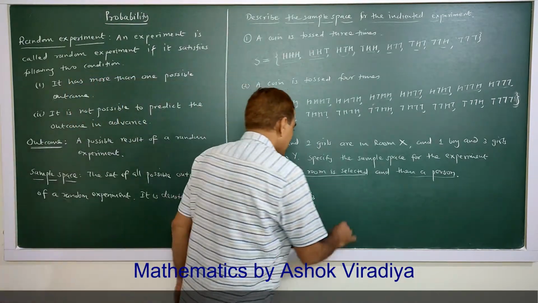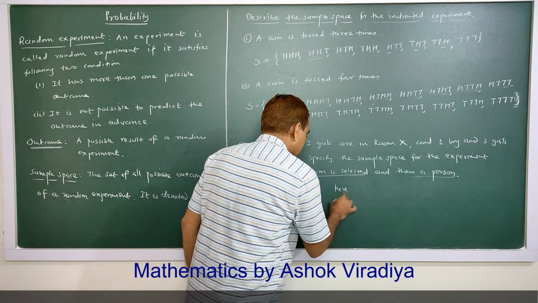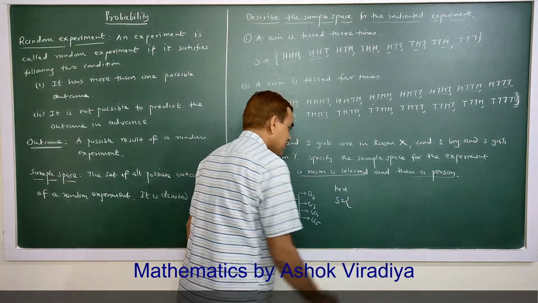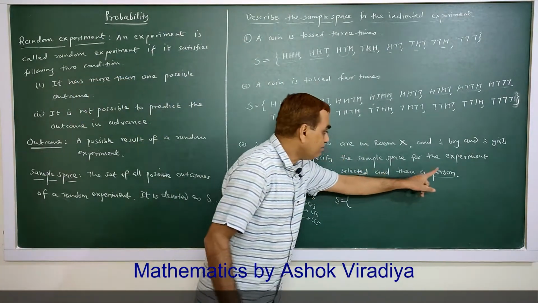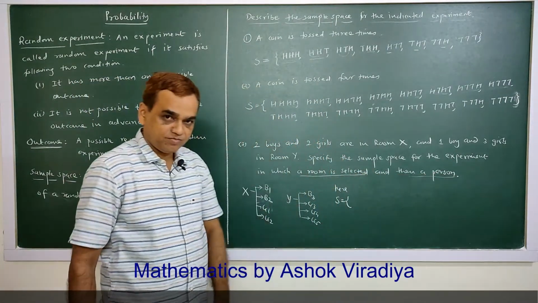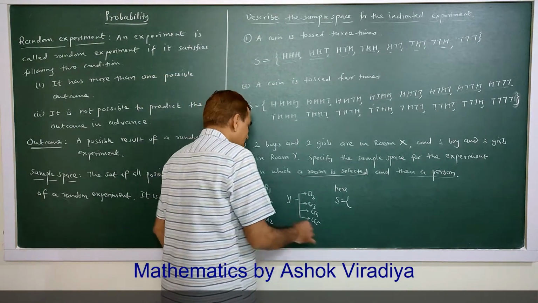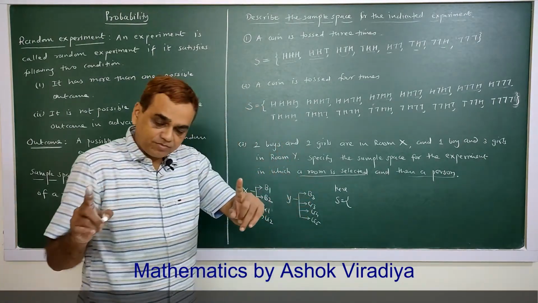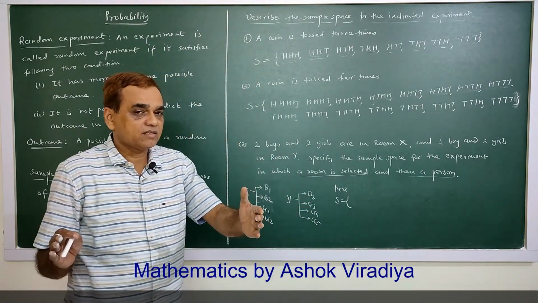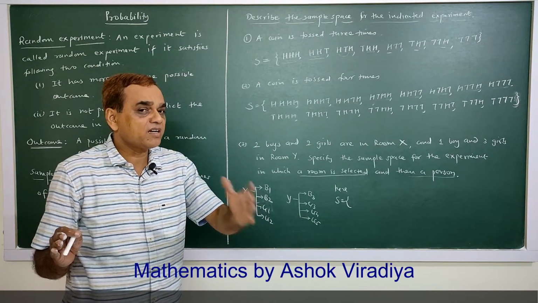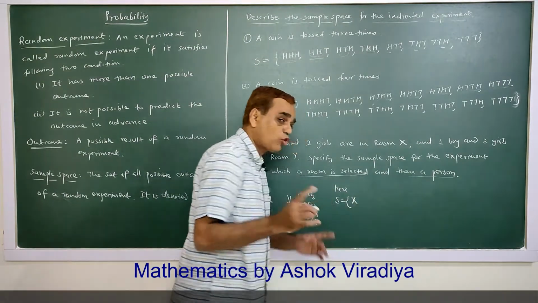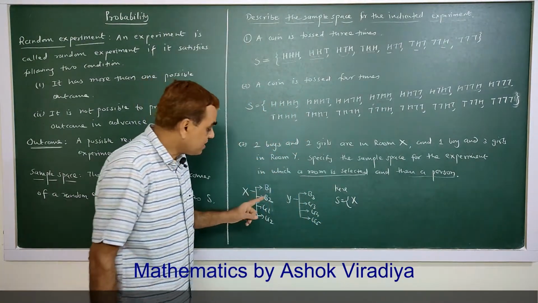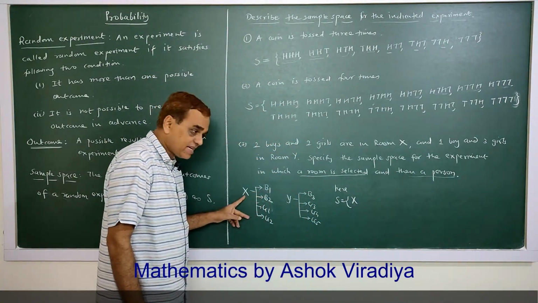So here the possible outcome sample space is select a room, then a person from that room. Suppose there are two rooms, X and Y. When we select a room, X can be selected or Y can be selected.